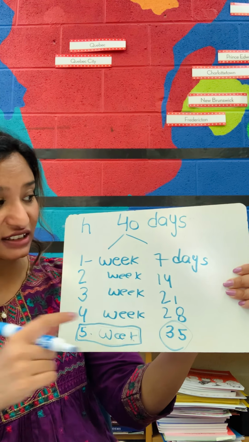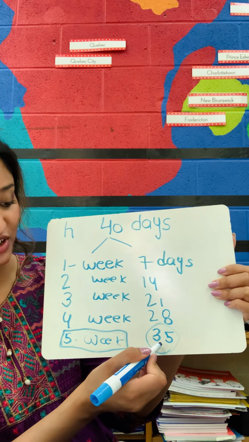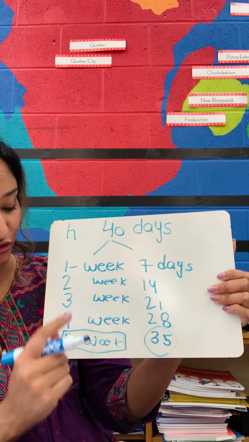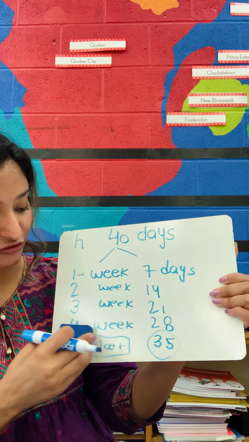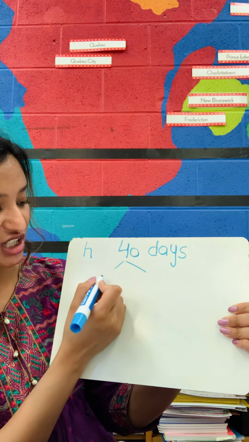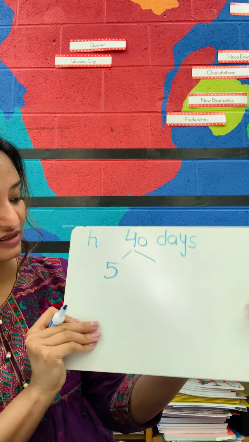There are definitely 5 weeks, because 5 weeks gives us 35 days. And we have 40 days, right? So 5 times 7 gives us 35. So in 40 days, we have 5 weeks.